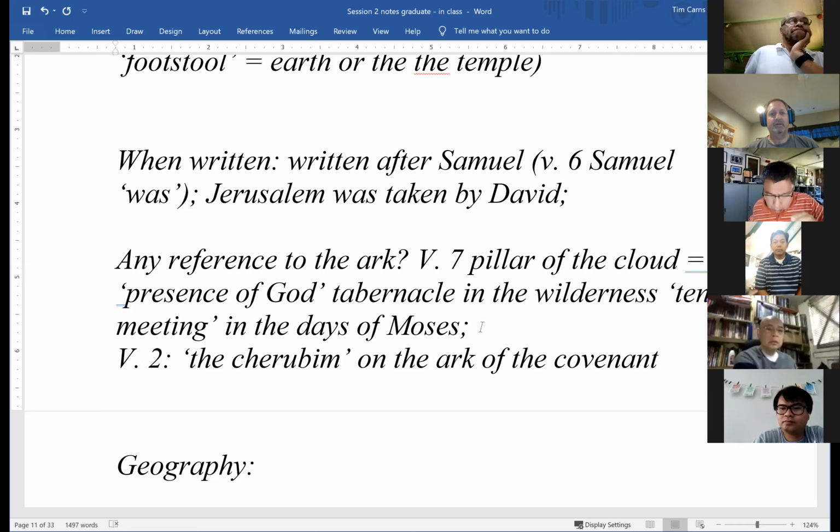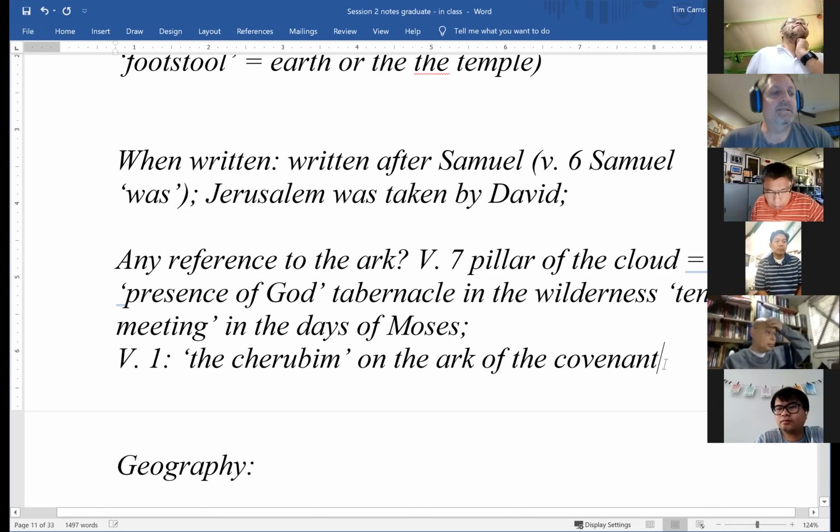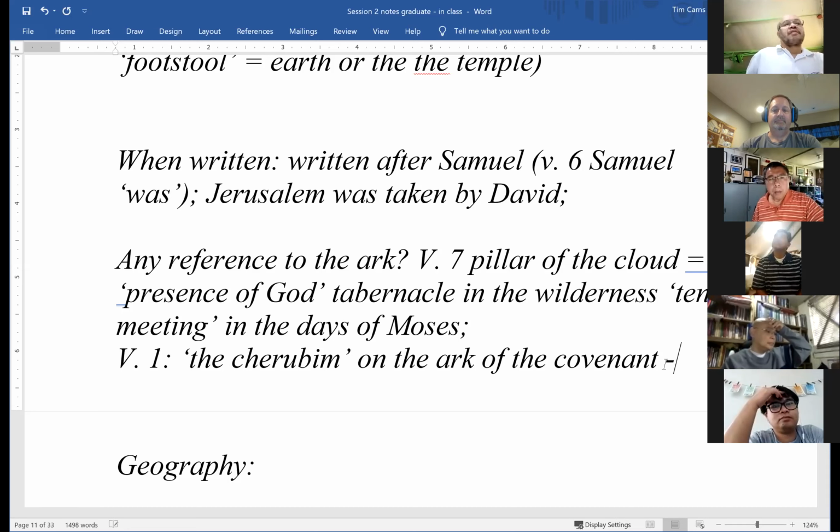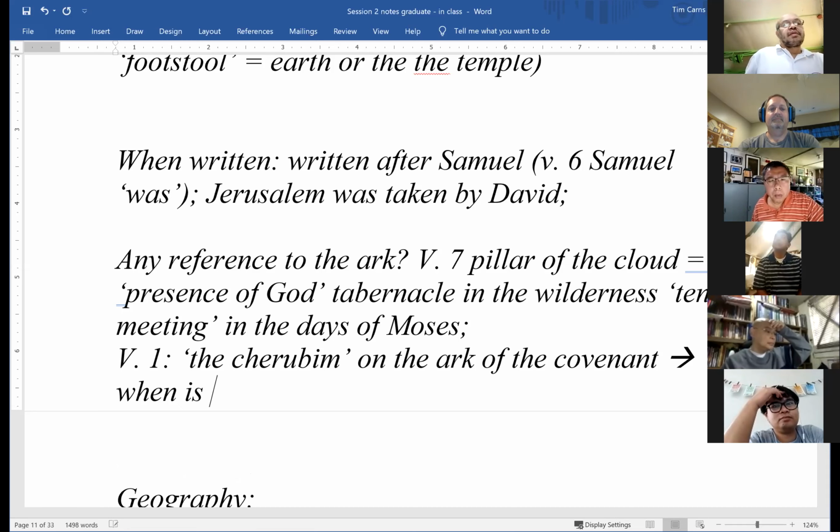And that's verse 1, Pastor Tim, right? Oh, I'm sorry. Verse 1. Thank you. Now, if that is the cherubim on the Ark of the Covenant, what would that tell us about when is the latest this psalm could have been written? Pastor Tim, yeah.